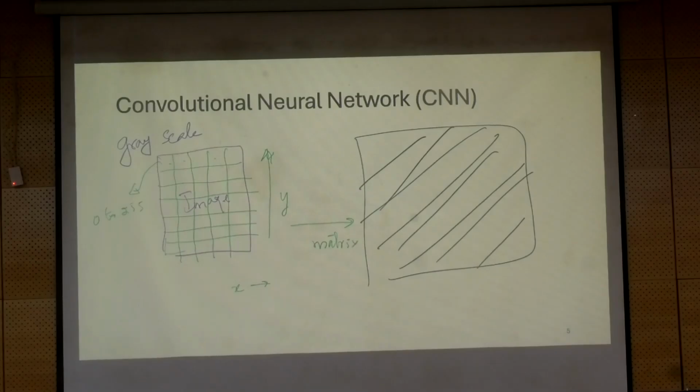And any grayscale image will be a 2D matrix. It will have an x-axis and a y-axis quantity, right? The pixel location. So the grayscale CNN will be called a 2D CNN. Two-dimensional input is being fed into my CNN for training and model development.